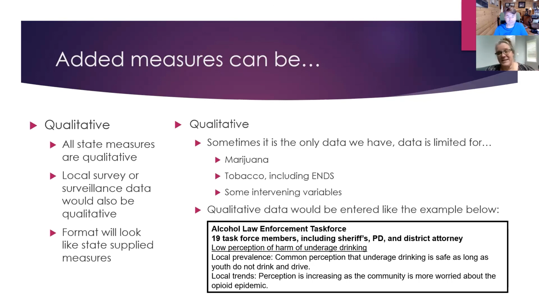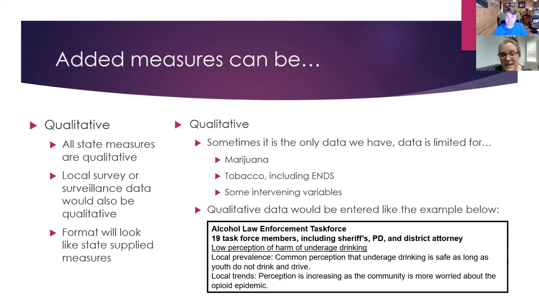And so it's going to say things like, it's going to be a hard number, percent of youth who perceived vapes as harmful. Sorry about my pause, I'm thinking about an example. Some of that data might be qualitative, and this is probably going to be especially true for your intervening variable. And so there's a way that you can add that.